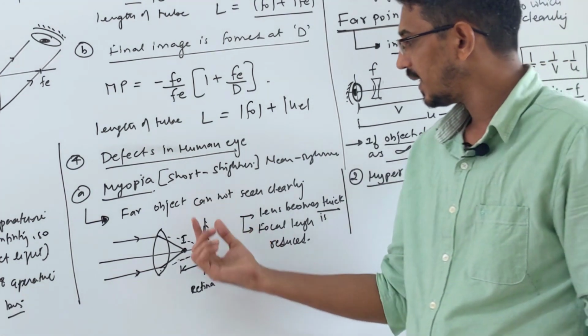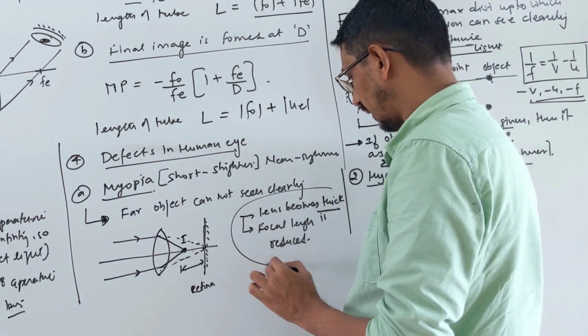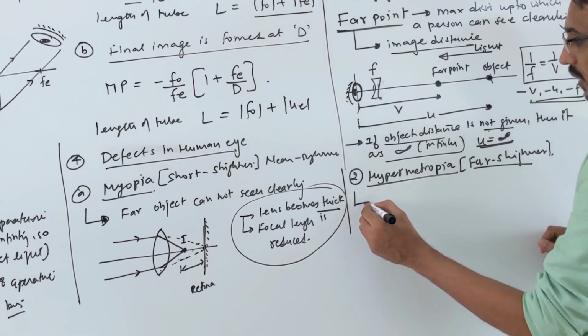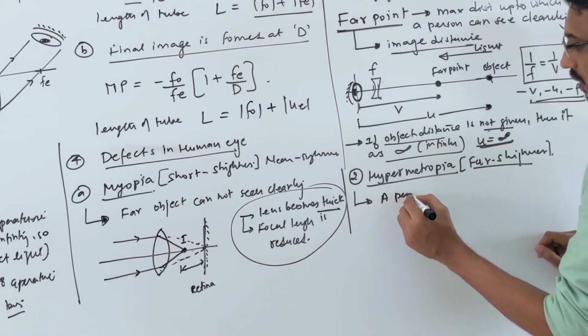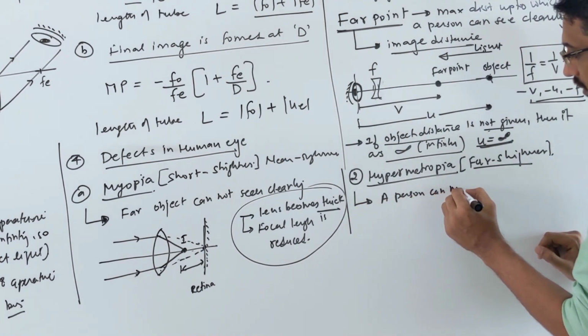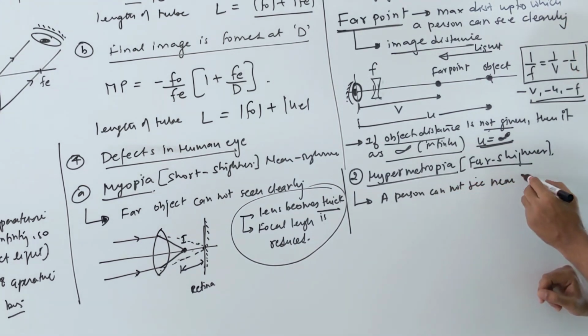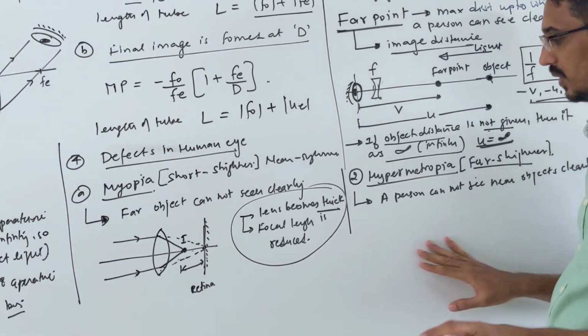In myopia the lens becomes thick, so the focal length is reduced. Here the opposite happens. In this defect, a person cannot see near objects clearly. This you understood, okay? He cannot see near objects clearly.